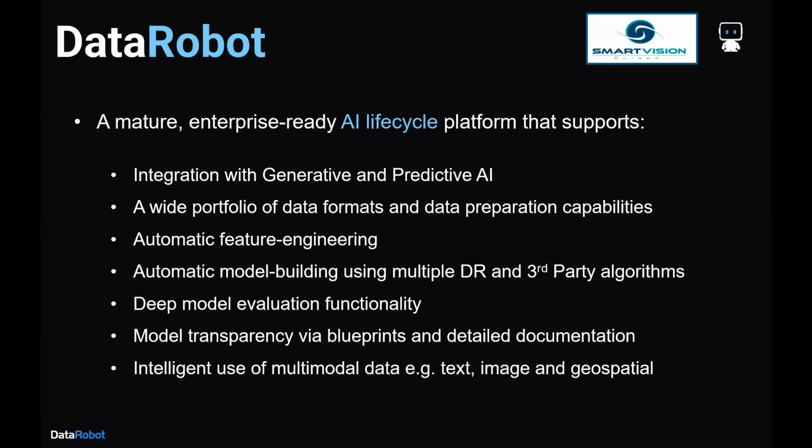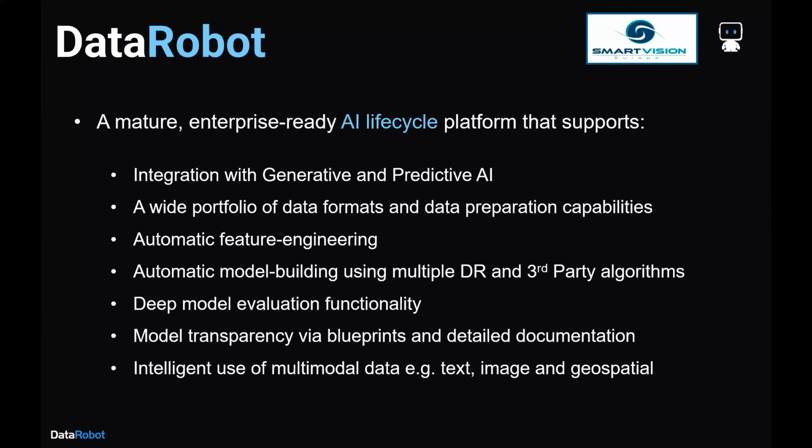Automatic model building uses multiple DataRobot native algorithms as well as third-party open source algorithms to support problems like classification, regression problems where you're trying to estimate a continuous value, anomaly detection, and things like time series. There's quite a lot of capability in time series. It's got very deep model evaluation functionality.